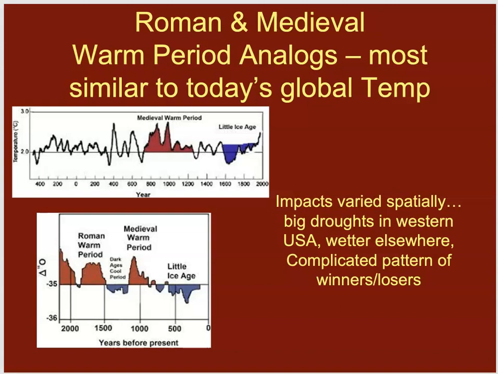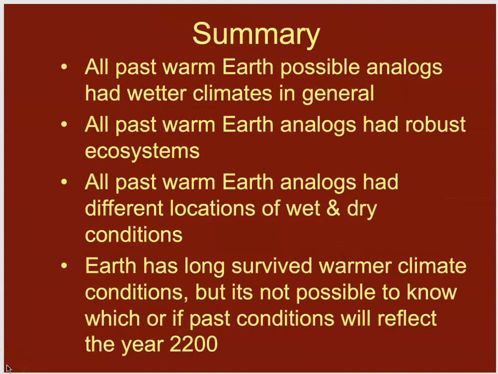In the recent past, when warm, we tend to have droughts in some places, but elsewhere, changes are different. So the idea is that every climatic change will have different winners and different losers. In summary, all past warm Earth possible analogs had wetter climates in general, but there were dry locations, and sometimes there are hints that the dry was drier.